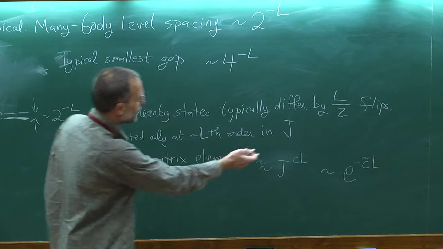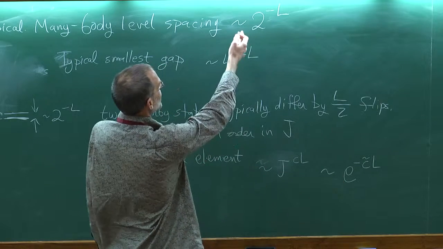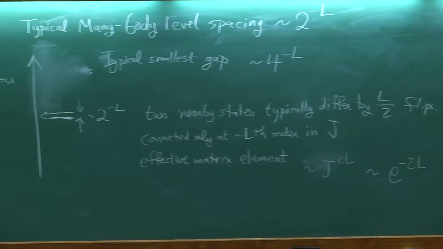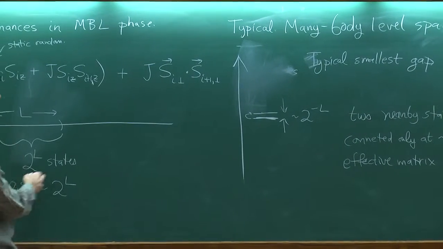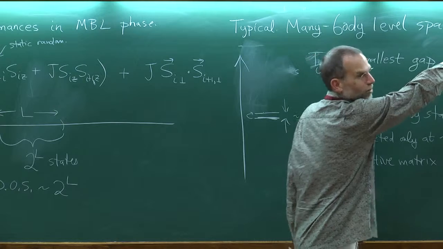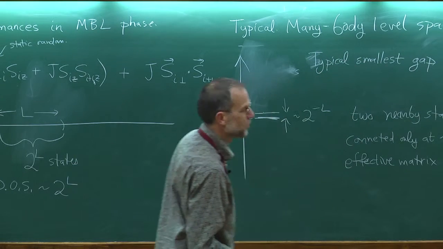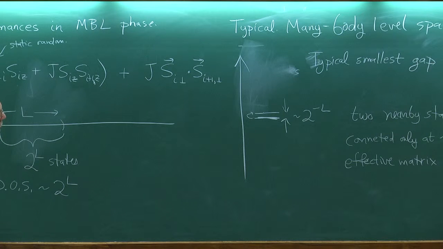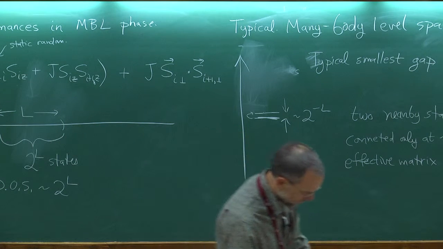When I go to Lth order, I can access things which flip of order L spins, and that allows me to access 2 to the L states, and therefore find one that's degenerate within 2 to the minus L. Exactly.